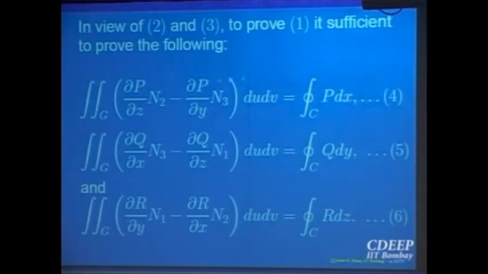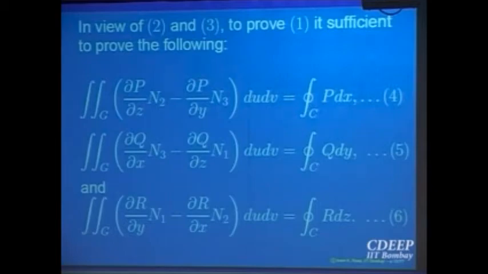So we want to prove this equation 4. That is a double integral with respect to uv and a line integral with respect to this. Now, till now we have not used the fact that your surface is of special type. Till now everything is just rewriting the things in a general way, nothing more than that, right?